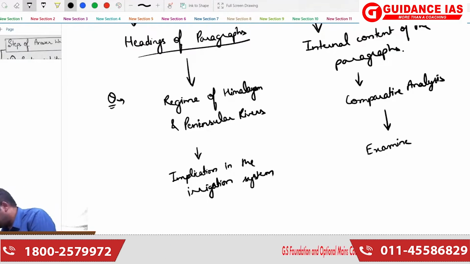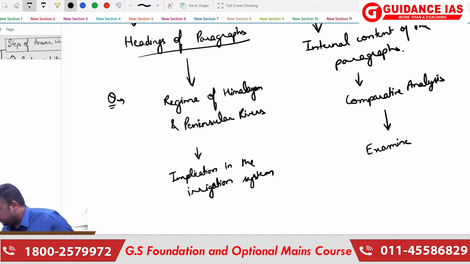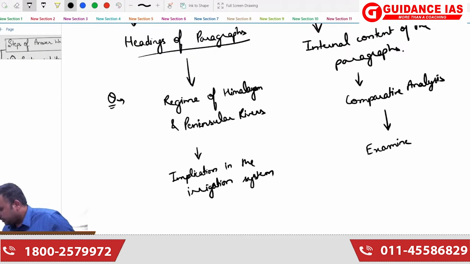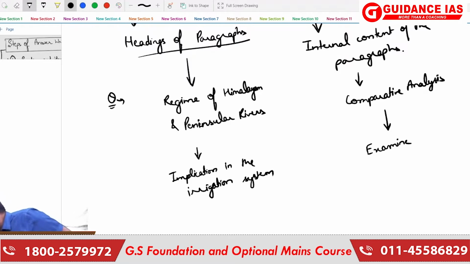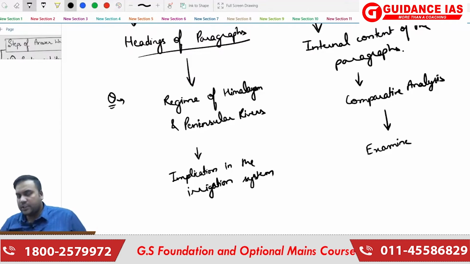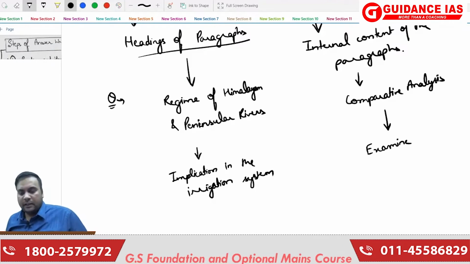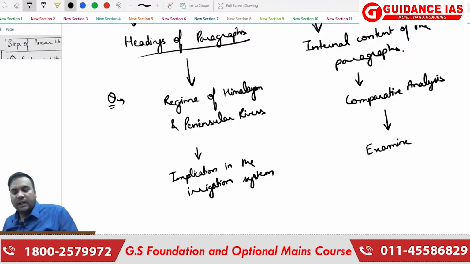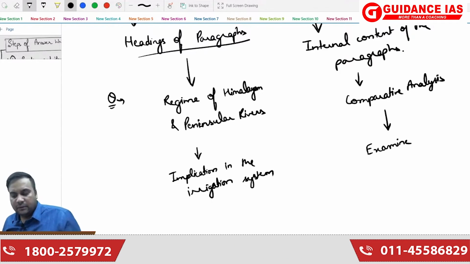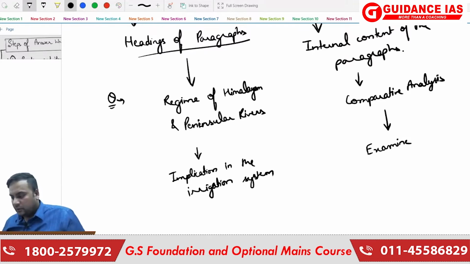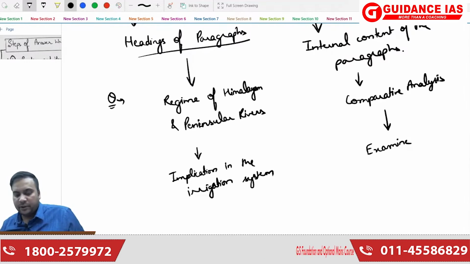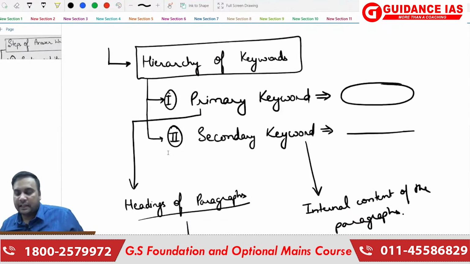Secondary keyword we will discuss in more detail now, but first you must understand the difference between these two types of keywords. Okay, so make it a habit to identify the primary and secondary keywords, and always keep a pen with you so that you don't forget.